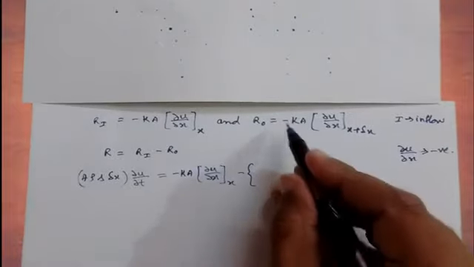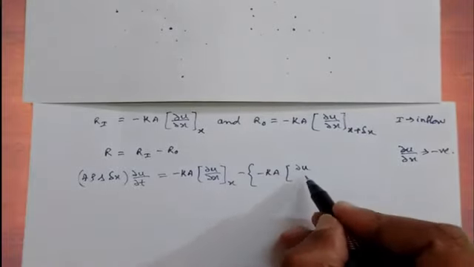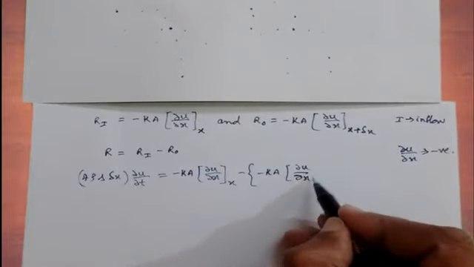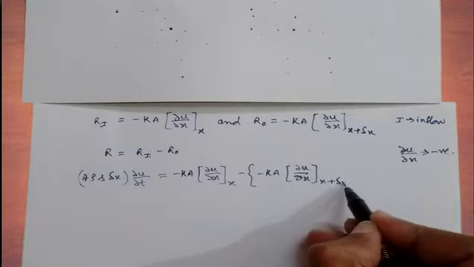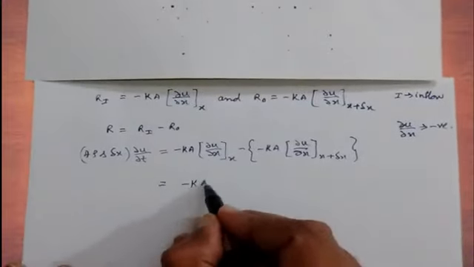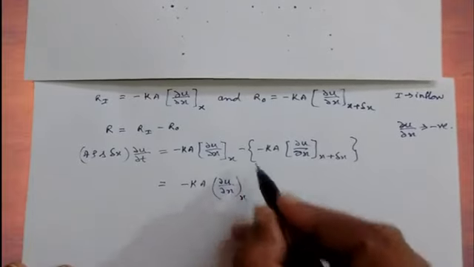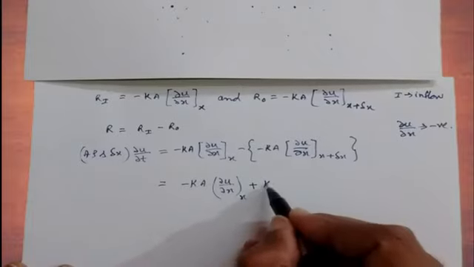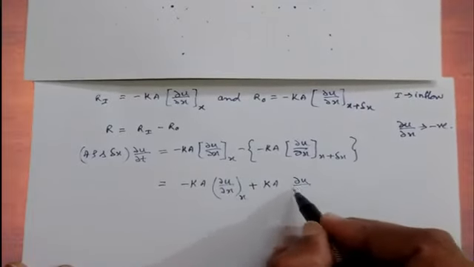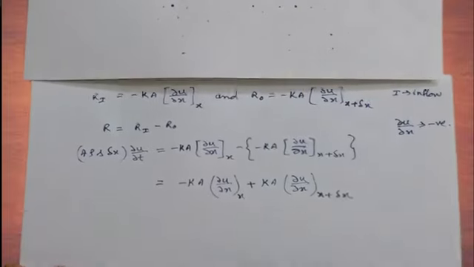So this particular value, it is minus Ka into dou U by dou X at X plus delta X, which will be equal to minus Ka into dou U by dou X at X. So this minus of minus will become plus, Ka into dou U by dou X at X plus delta X.